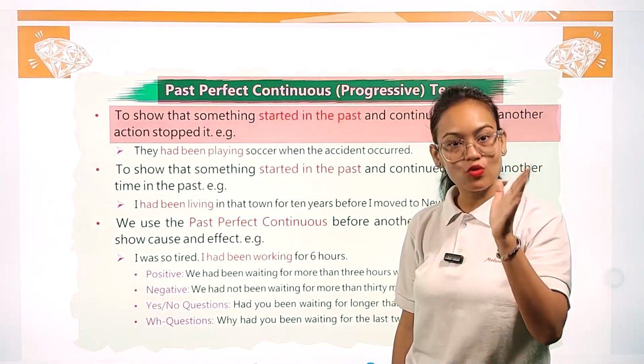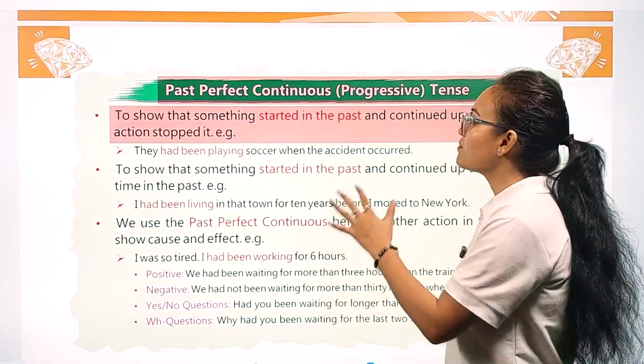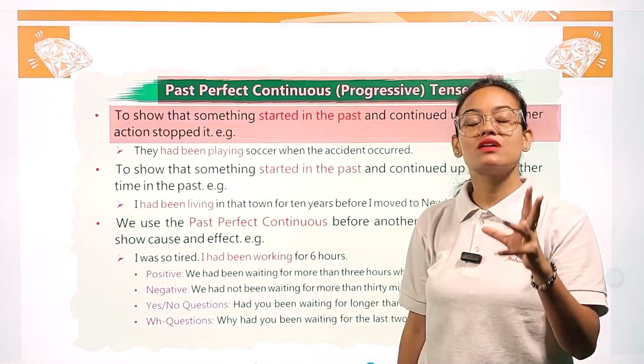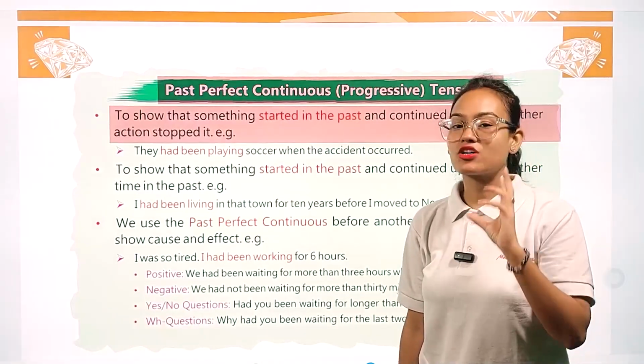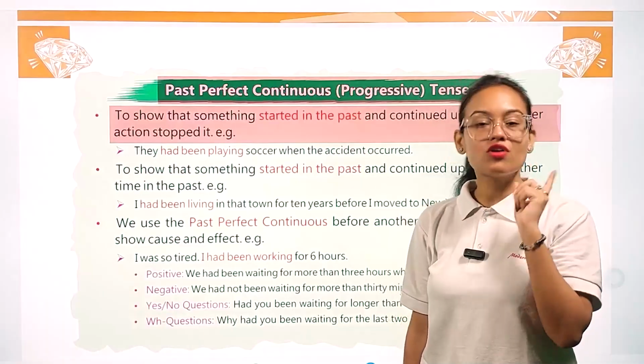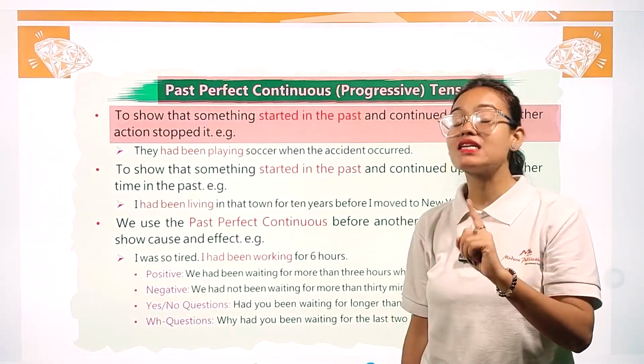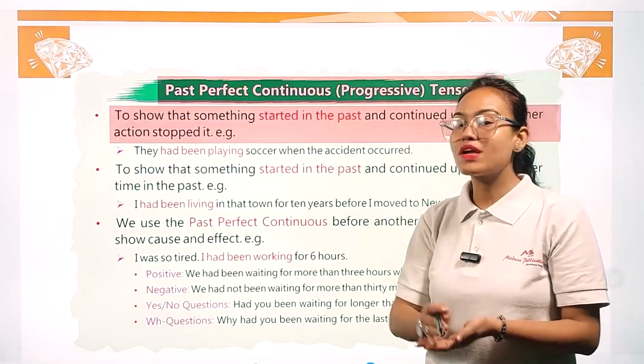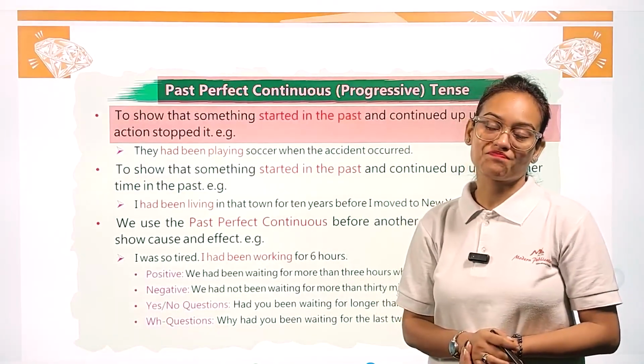I hope you understand what I'm saying. Past perfect continuous tense means in any sentence we show that two actions are ongoing, but one of the actions is completed just before the stopping of another action.